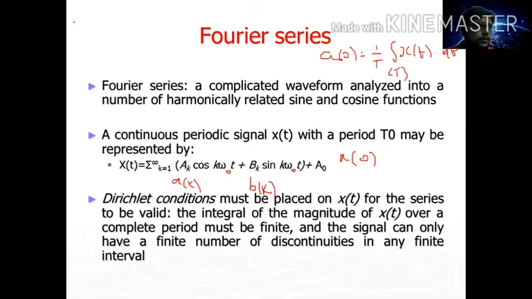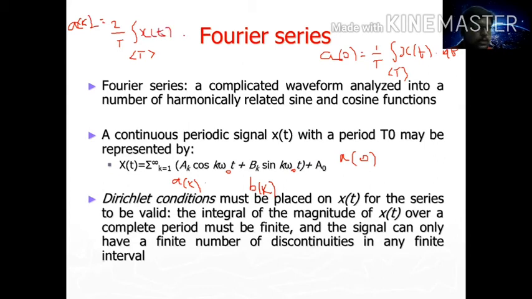So a of k is equal to, now you put 2 by T, 2 over the period of time T. For continuous time I represent it as an integration term, integral over the period T. Inside, the input term is x of t, which is our input signal.